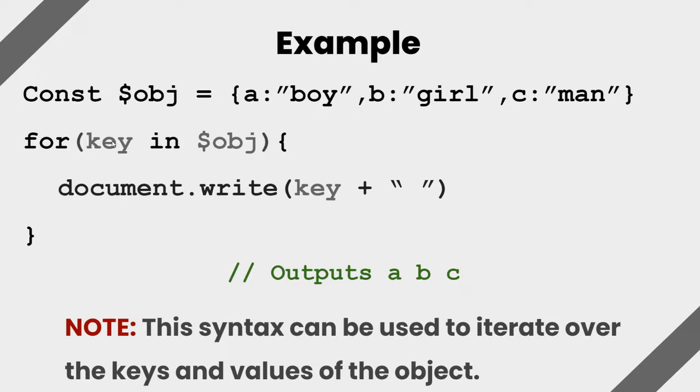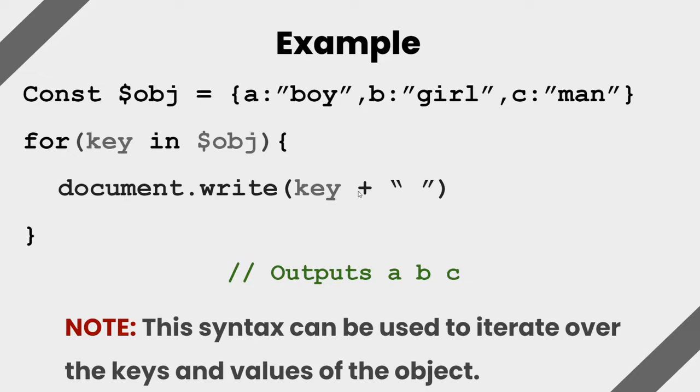So to iterate over the values of this object, all you need to do is to add the variable that we have here, and then you follow the dot notation, dot the particular object there, or you can use the bracket notation, and then the bracket notation would have the name of the object.